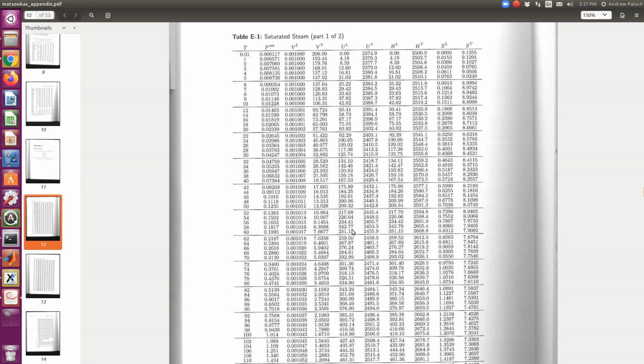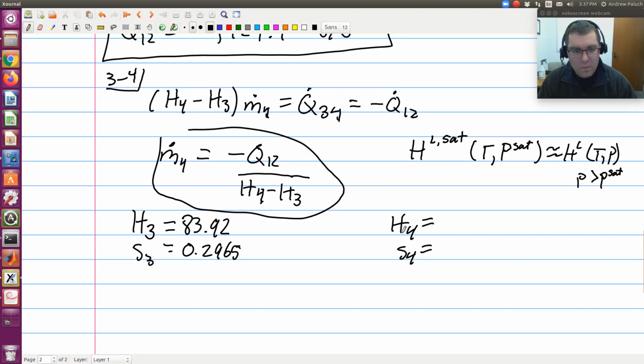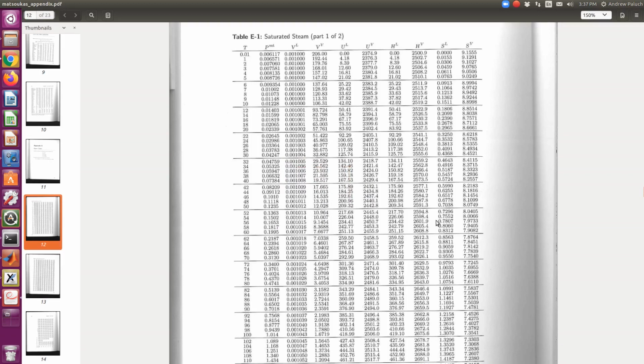So let's get HL, which is 251.15, and S is 0.8312.